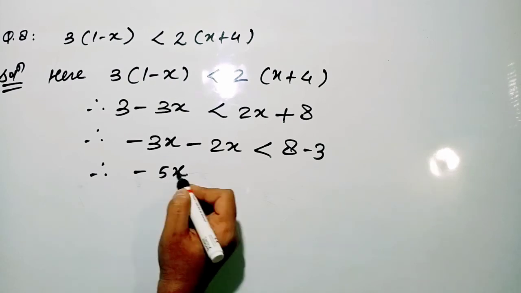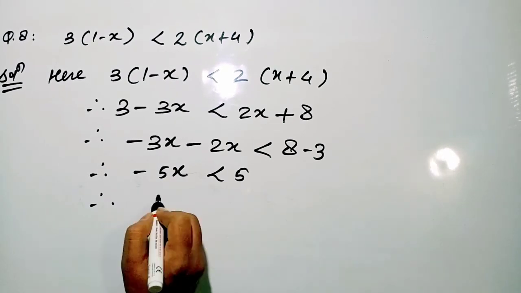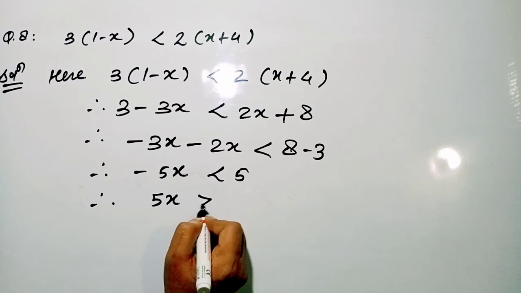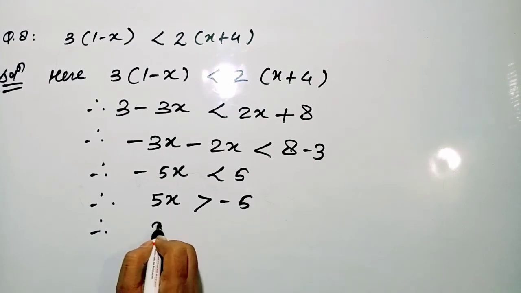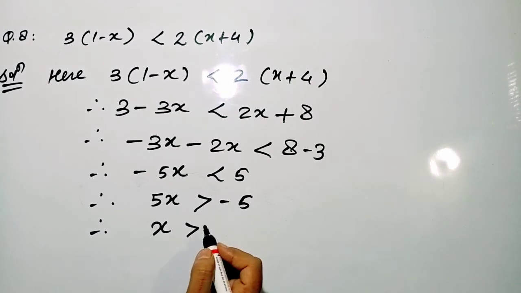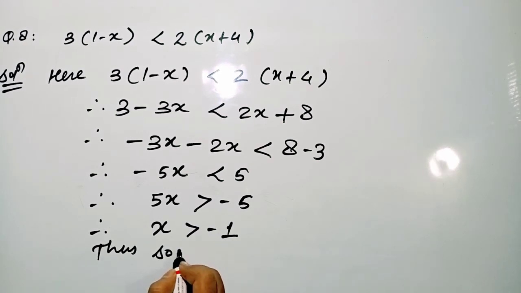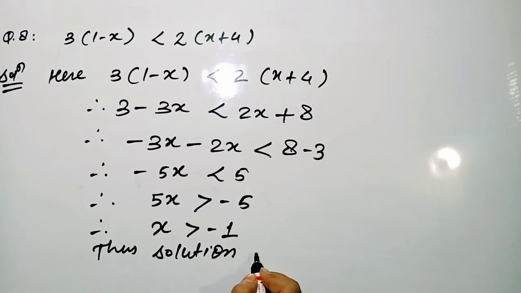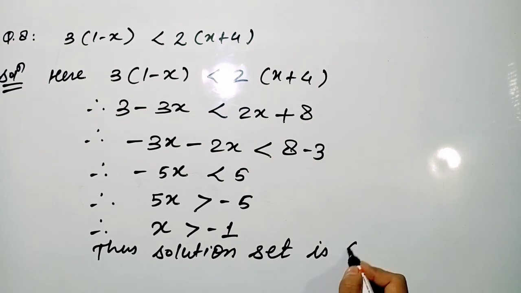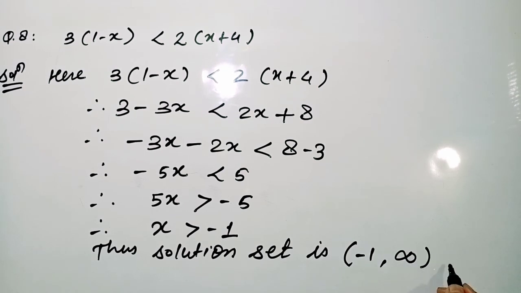So -5x < 1. So 5x will be greater than -1 by changing the sign. So x will be greater than -1/5. So the solution set will be -1 to plus infinity in open interval.